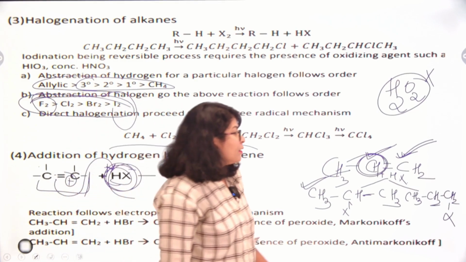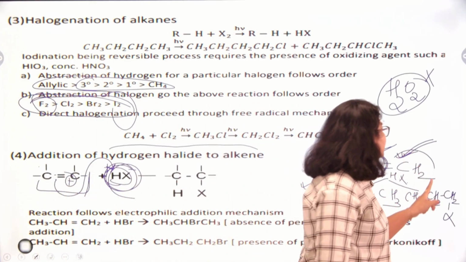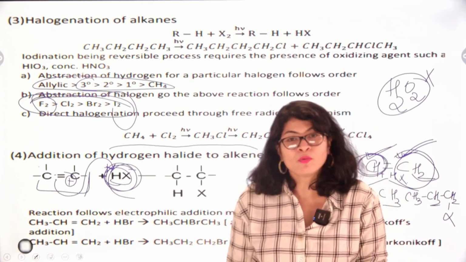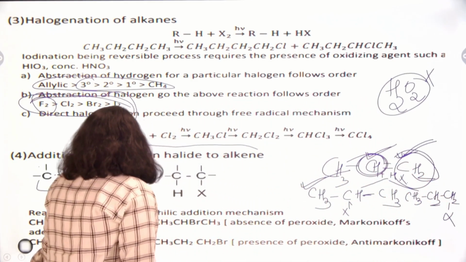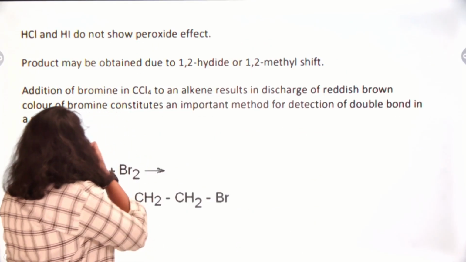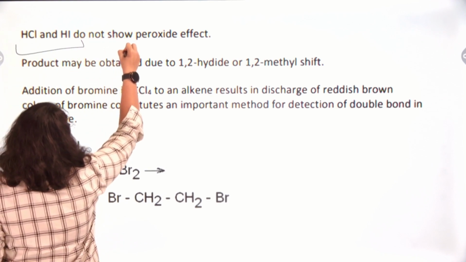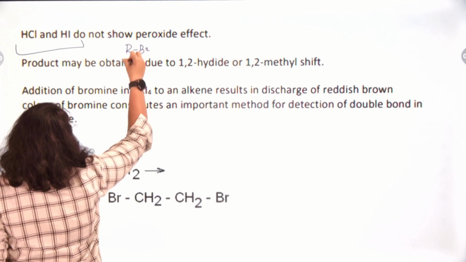Here the negative side will go to the carbon atom which has more hydrogen atoms. HCl and HI do not show the peroxide effect, and it is basically shown for HBr.